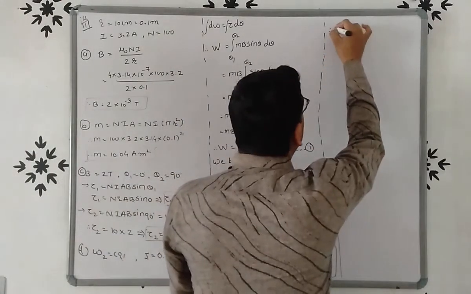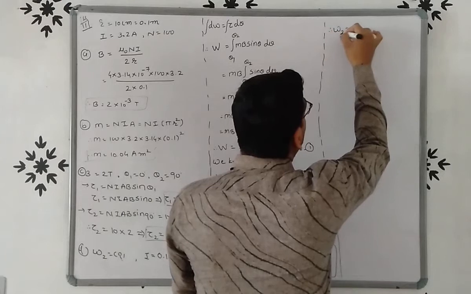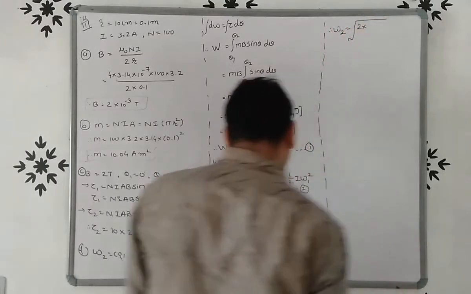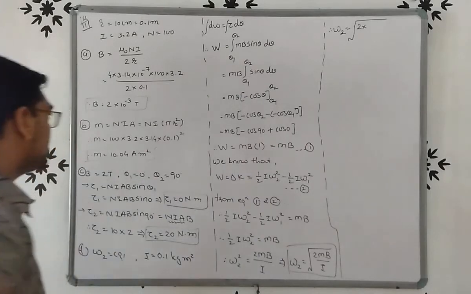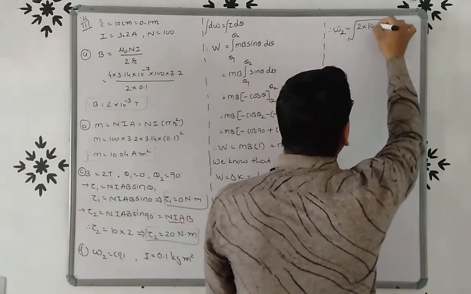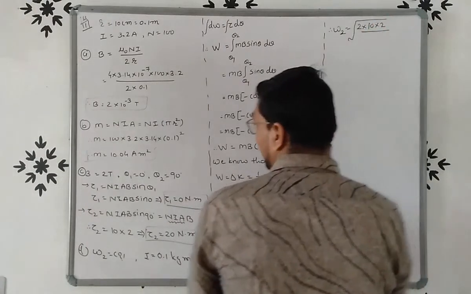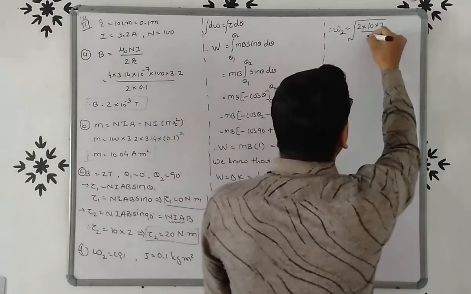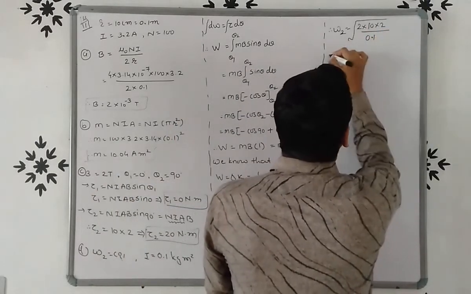So omega 2 is equal to the square root of 2 times the value of m. We know that m is equal to 10, B, that is the magnetic field, is 2 Tesla, upon I, the value of I is 0.1.